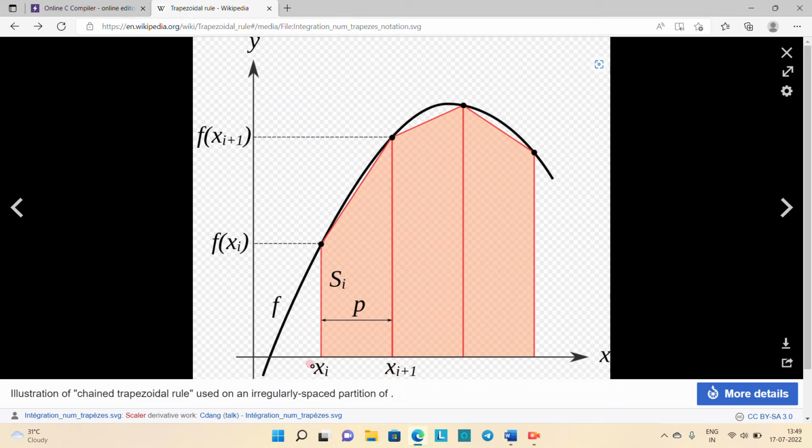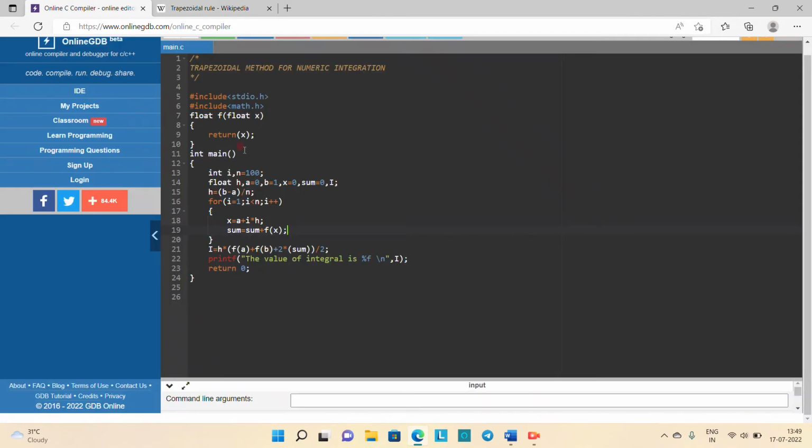So we have taken x0 as sum, and f of x1 is sum plus this middle value. We have just taken that the sum is sum plus f of x. Since we have put this inside the for loop, the for loop will first take I as 1, find the value of x, then find f of x and add it to get the sum. Then it will take I as 2, find x from a plus I into h again, then find f of x and then the sum. Slowly the for loop will do this up to less than n, that is, n minus 1.